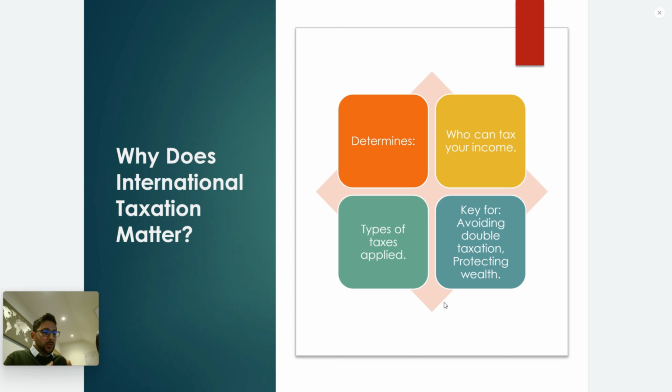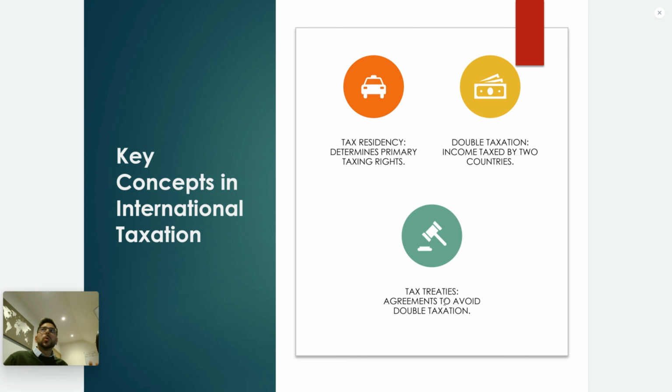Income tax, so taxes on professional income, or taxes on capital gains, or inheritance tax, etc. So the point here is to familiarize ourselves with three key concepts: tax residency, double taxation, and tax treaties. Okay, so let's break them down one by one.